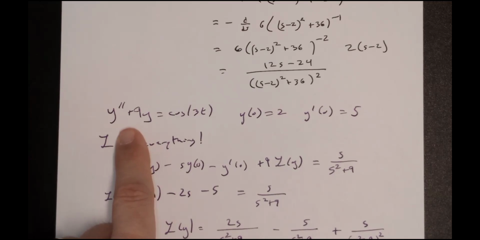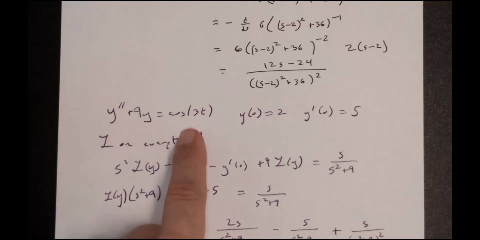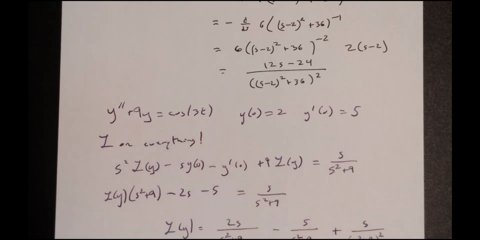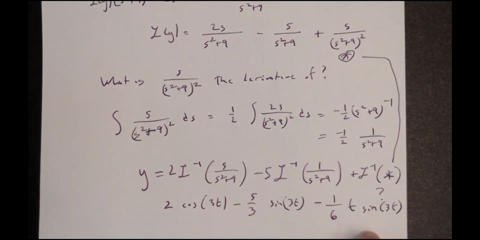Which gives me r equals plus or minus 3i, which gives me cosine of 3t and sine of 3t. And then I say, oh, I need to do the other side. The other side already has a cosine of 3t. What do I need to do? I need to multiply by an extra t. But that means I'm going to get t cosine 3t and t sine 3t. And then I need to plug those back in and solve for the particular solution, right? And that's where I get this part.